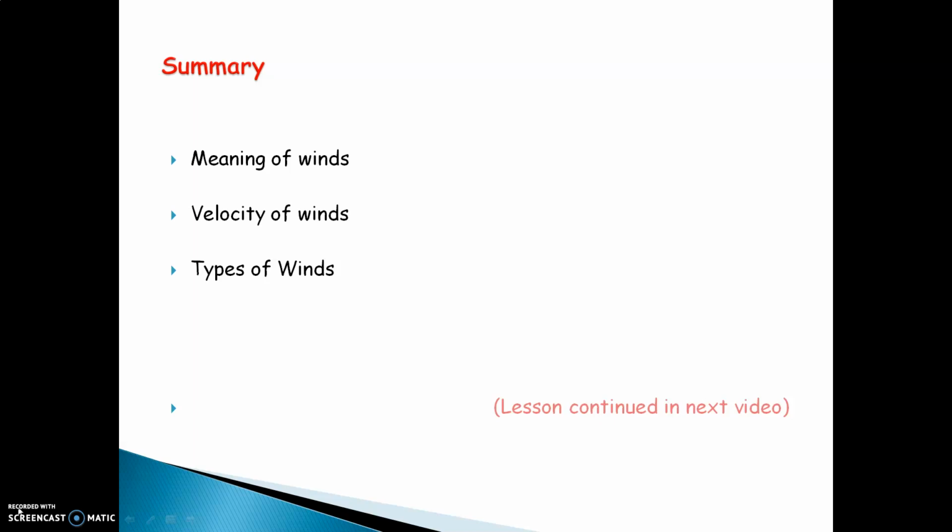Velocity means speed. More pressure in the air, the velocity or the speed of the wind is more. Less pressure in the air, the velocity or the speed of the wind is less. We have learned types of winds: planetary winds, local winds and seasonal winds. We will learn each of the types of winds in detail in the next video.